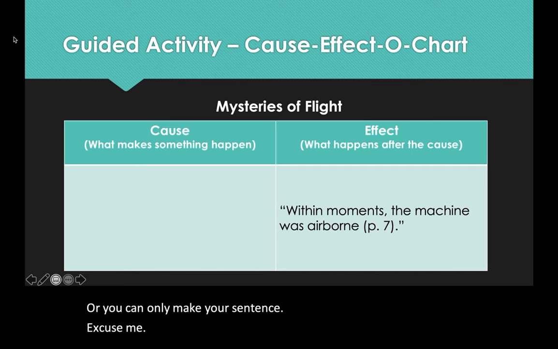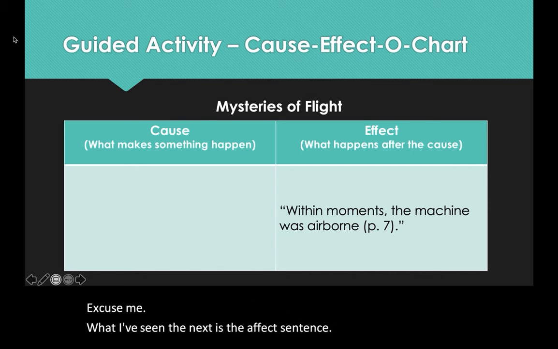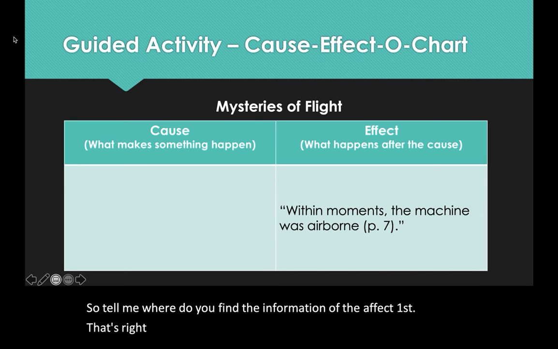Now, what I see next is the effect sentence, but not the cause. So tell me, where do you find the information of the effect first? That's right. It's on page 7. How did you know? Yes, because it says it's on page 7 in the parentheses.